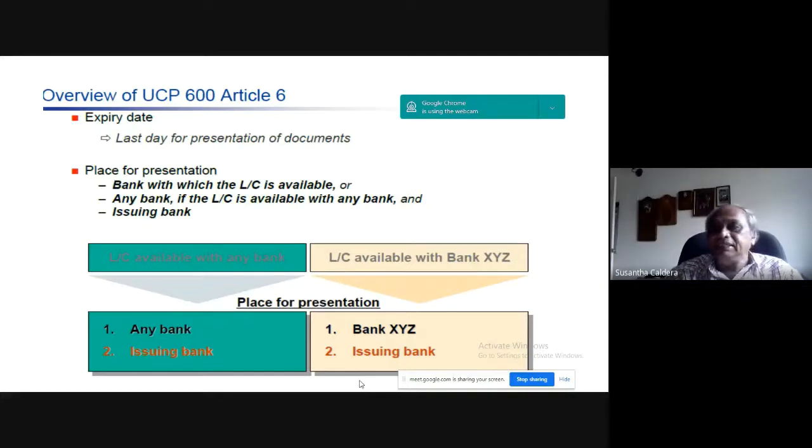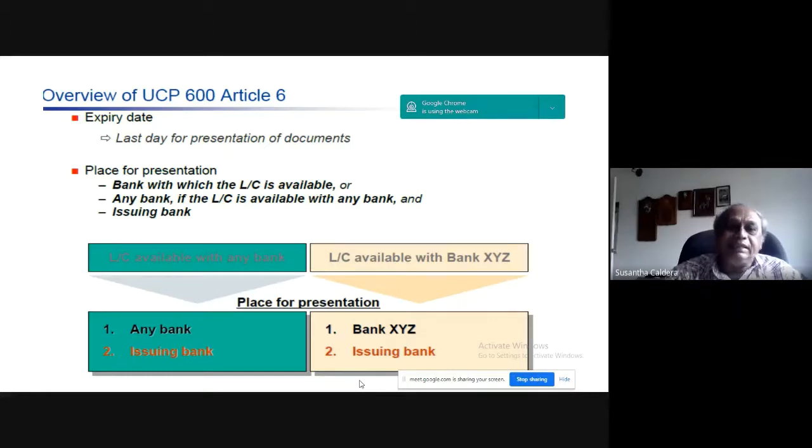In some LCs they say available with issuing bank. So the place of presentation is the issuing bank, or they will say place of presentation with the nominated bank.